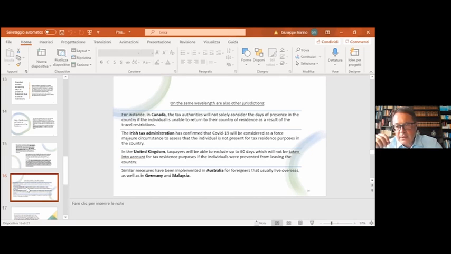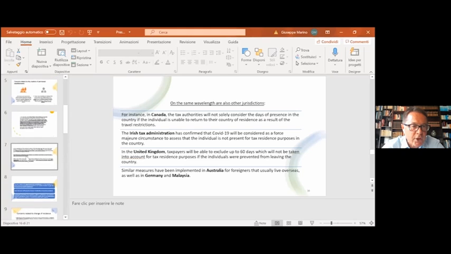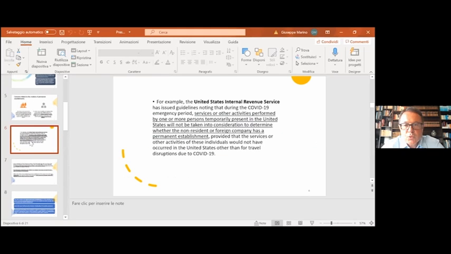Another story is the United States, because the United States have declared, as far as the permanent establishment is concerned, and that has to do with the guideline of the Internal Revenue Service, that they are fully complying with the OECD guidelines, saying that services and other activities performed by one or more persons temporarily present in the United States will not be taken into consideration to determine whether the non-resident or foreign company has a permanent establishment in the United States.